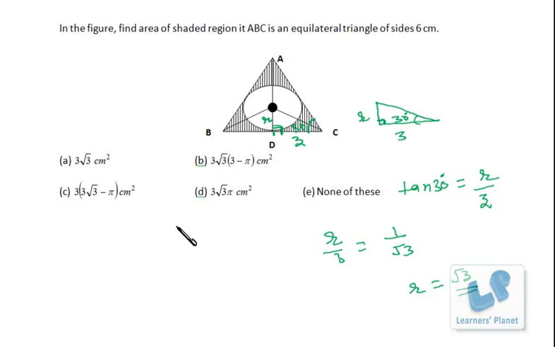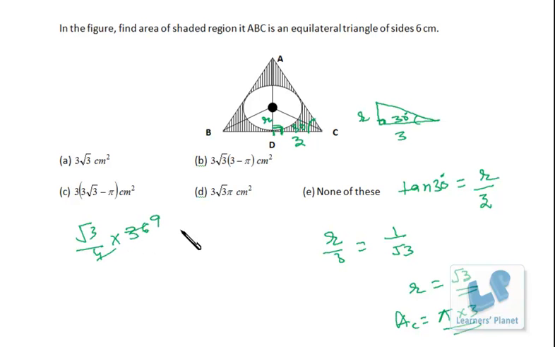So area of circle will be pi r square, that is pi into 3. That is the area of the circle. Now what is the area of an equilateral triangle? That is root 3 by 4 into side square. Now side square is what? 6 into 6, that is 36.